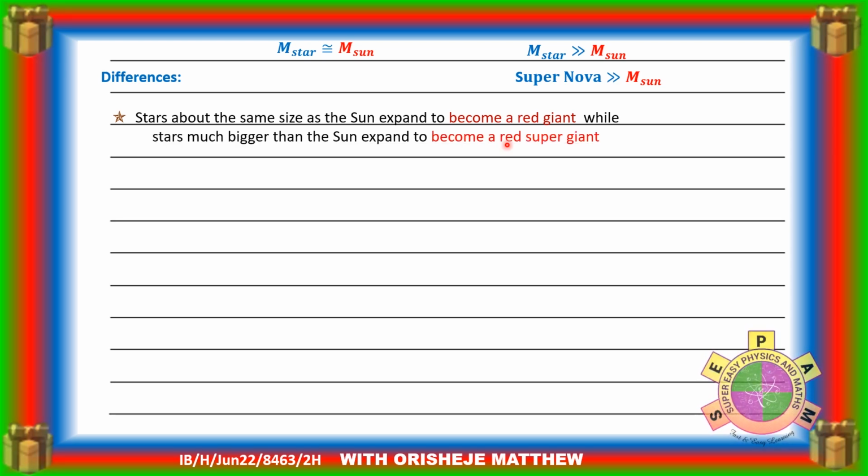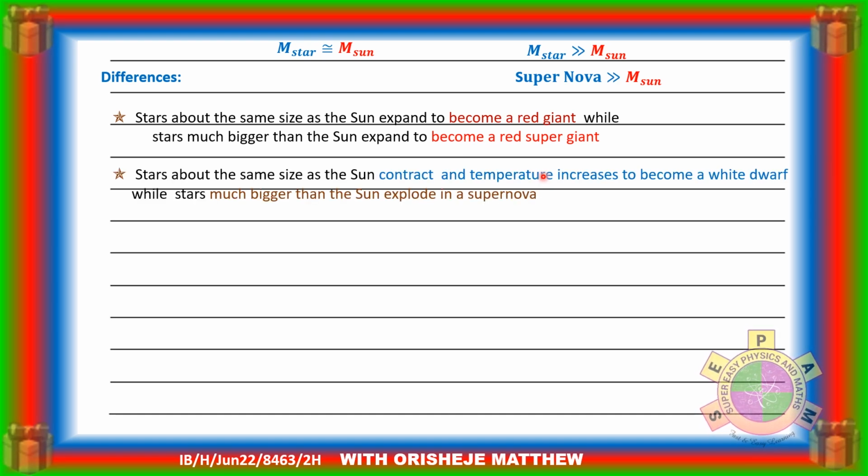So the star that is the same mass as the sun will become a red giant on expansion, while the stars that are bigger than the sun become red supergiants. That is one difference between them. Let's look at the second difference based on their size. Stars the same size as the sun will contract and their temperature increases to become a white dwarf, while stars much bigger than the sun explode in a supernova.